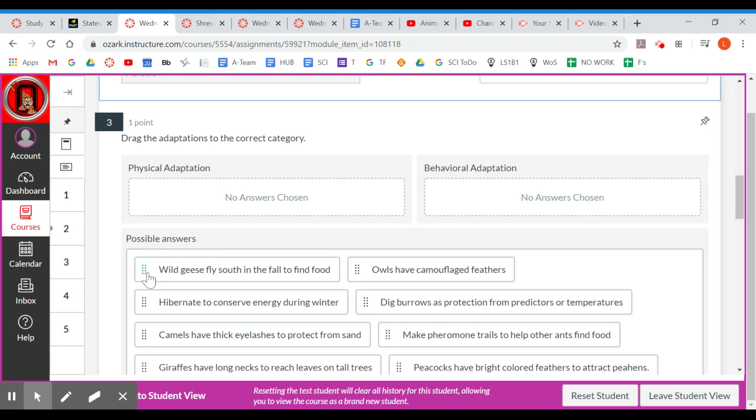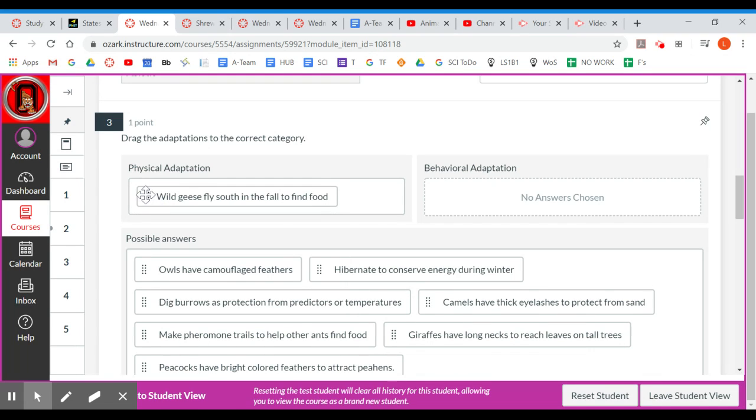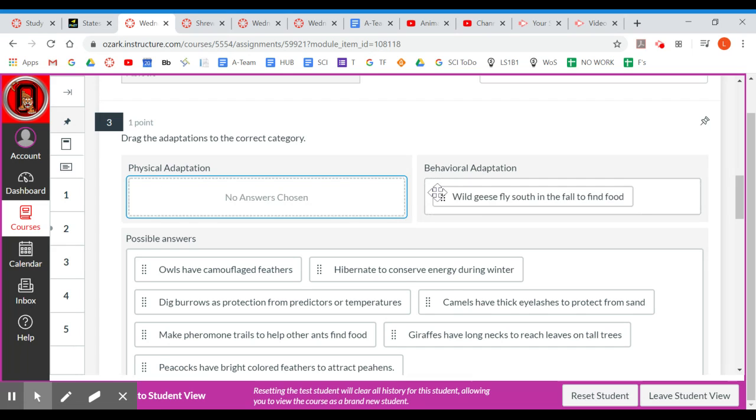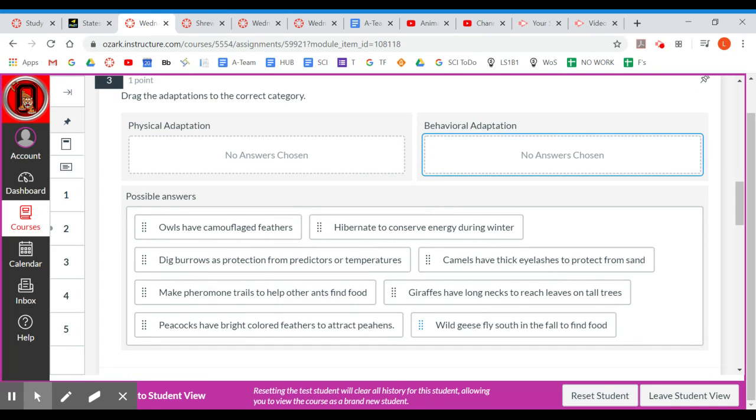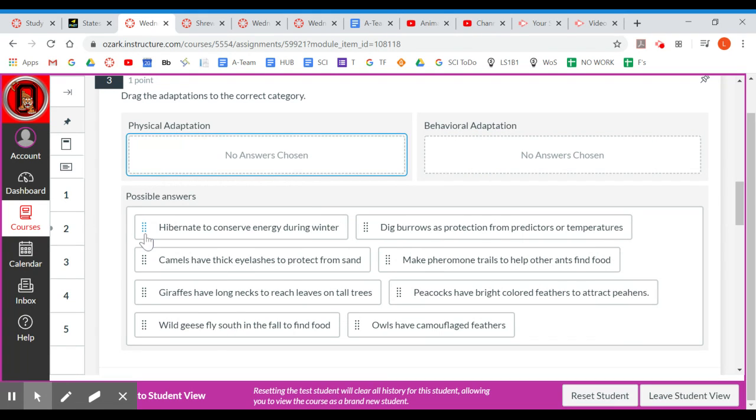If I thought wild geese flying south in the fall to find food was a physical adaptation, I drop it here. If I thought it was a behavioral adaptation, I drop it here. If I don't remember and I'm going to save that for last, you can put it back down. You can drag and drop these at any point, and they go right back to the word bank.